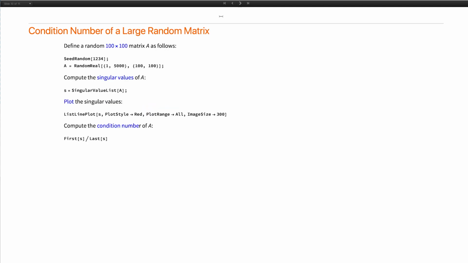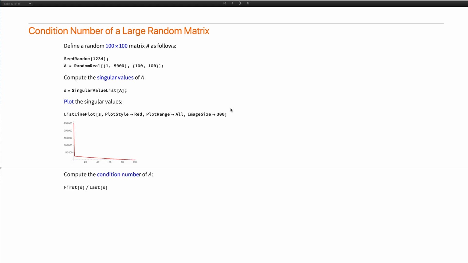As an example, here is a 100 by 100 matrix. Compute a singular value list. It's pretty large, so I won't show it. Plot it. Once again, you get one large value, etc. And then you compute the ratio of the first element of the list to the last element. You see the ratio is about 4600.